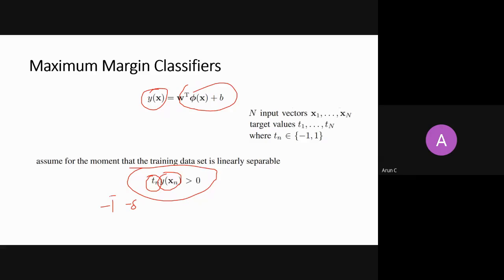If I multiply -1 with the negative delta, I get a positive number. Similarly, if my point is above the hyperplane and the target value is positive, I multiply both positive and get positive. If this product is greater than 0 for every point, it means all points are correctly classified. And if any point violates this condition, it means there is an error. You agree with this point? It is a very subtle point. I think you should grasp this.